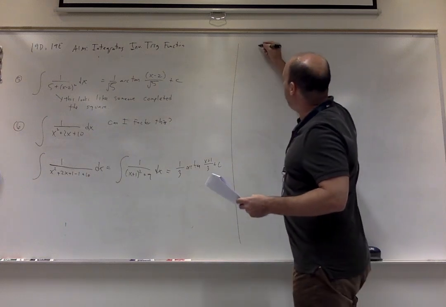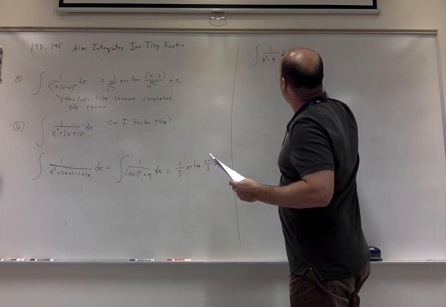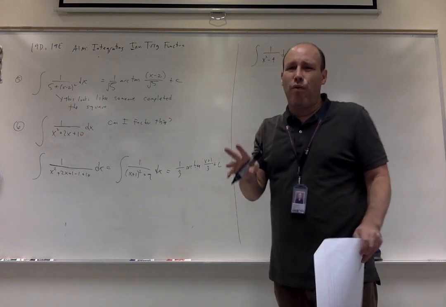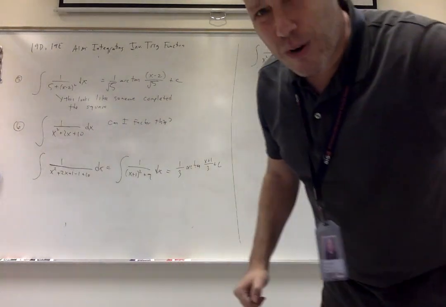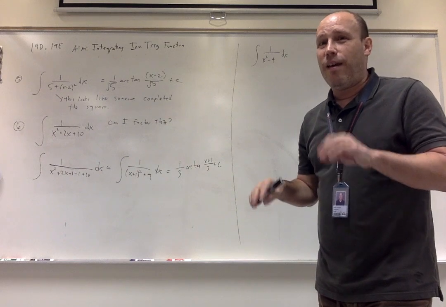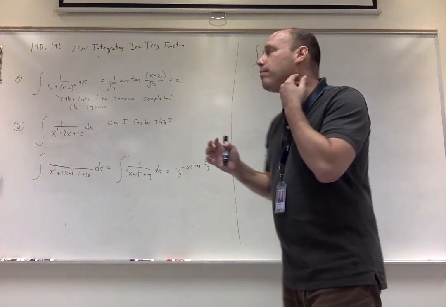So we have the integral of 1 over x squared minus 4 dx. You look at that and you're thinking maybe it's one of the formulas, but you realize it isn't. If you can factor your quadratic, factor it, and then we're going to break it up.